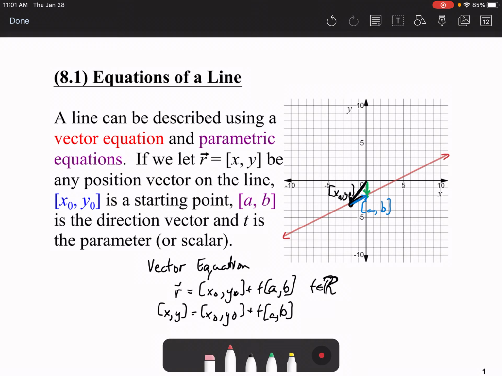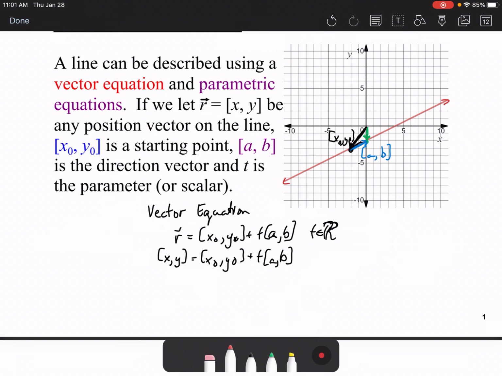Or what you could do is create what's called the parametric equations. The parametric equations specifically look at the x and y components separated.